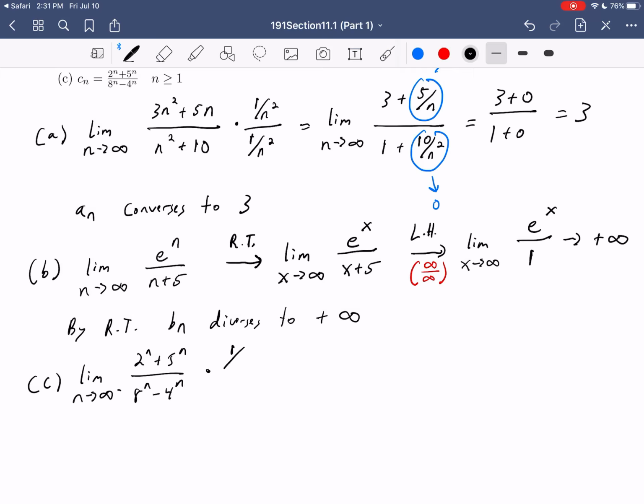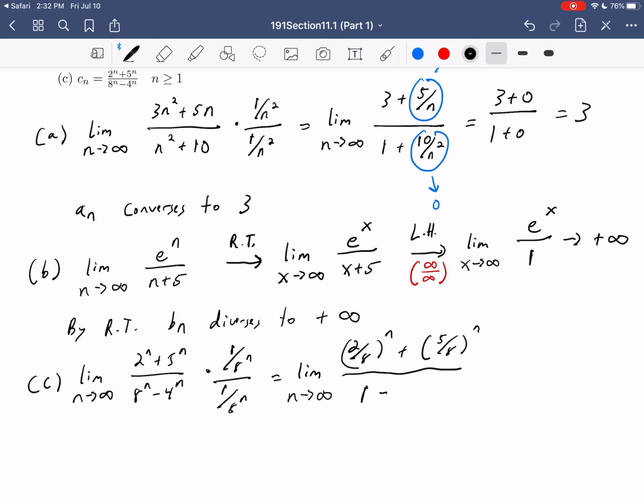So again, we're using this algebraic manipulation of choosing the largest base in the denominator, similar to how we chose the largest power in the denominator. So when we do that, we get the limit as n goes to infinity of 2 over 8 to the n plus 5 over 8 to the n over 1 minus 4 over 8 to the n.